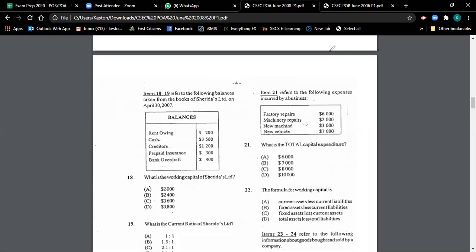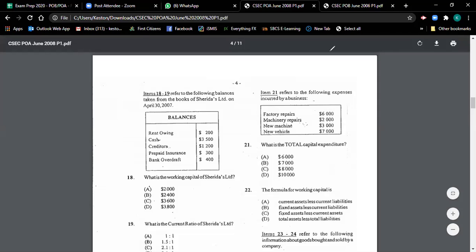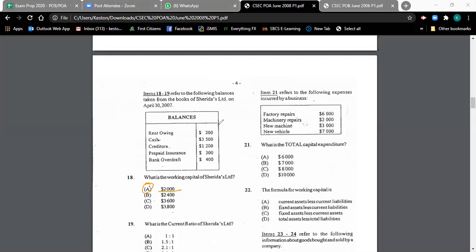18. What is the working capital of Sheridas Limited? Rent owing, creditors, bank overdraft. Yep, A, 2000. So I got that. 1, 2, 3.